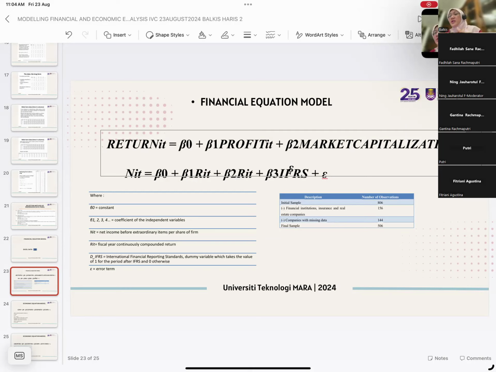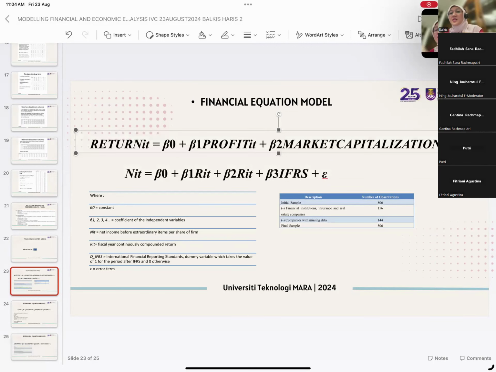A share price for a large company is normally expensive. Therefore, the spread or the difference between today's price and yesterday's price is big. So based on the literature, market capitalization is a proxy for the size of the firm. The higher the market capitalization, the higher the return of the company.